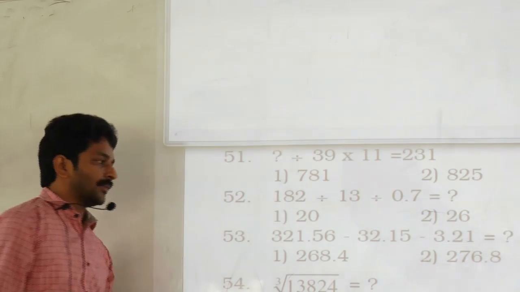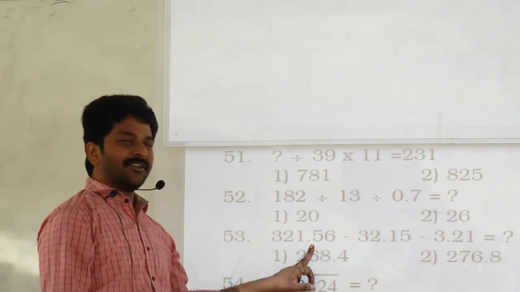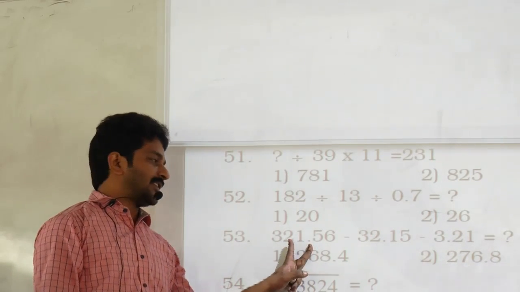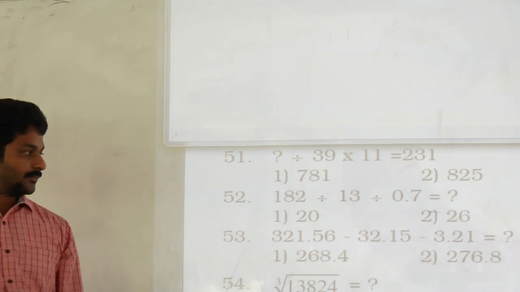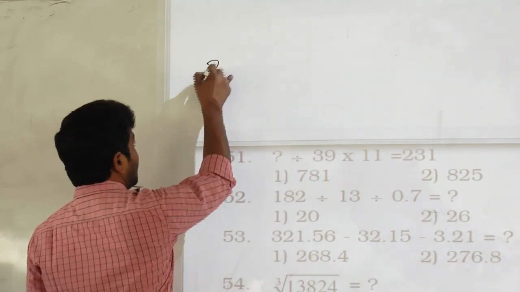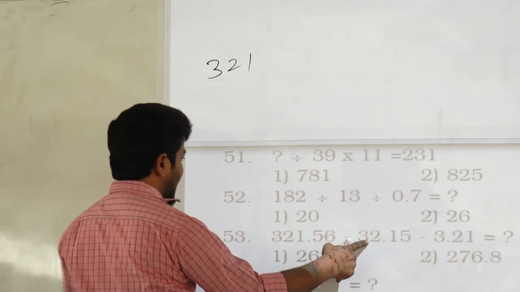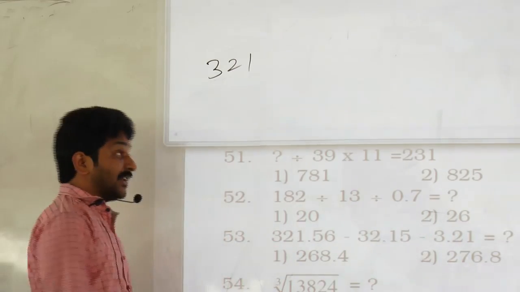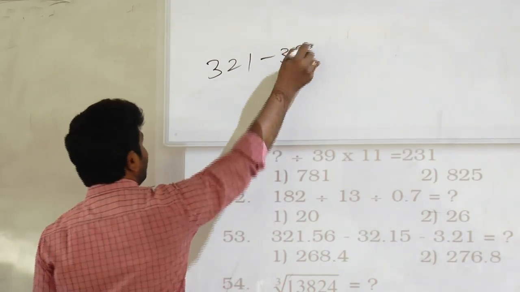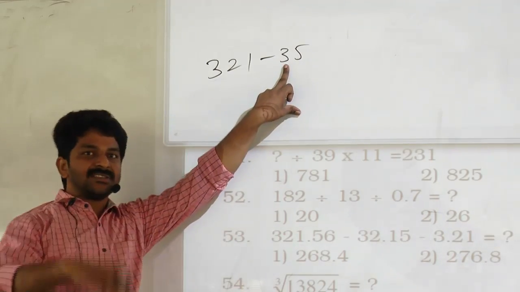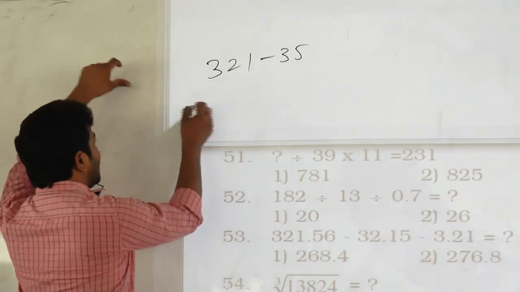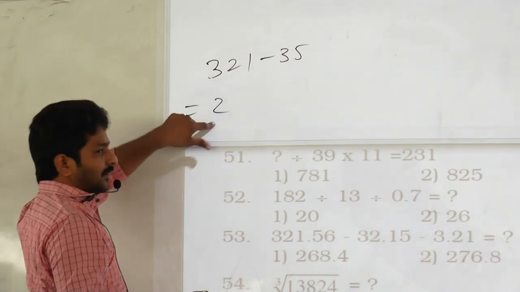Next, instead of the number after the decimal, let's concentrate on the number before. 321 minus 32 minus 3 minus 35. Let's subtract 35. Subtract 100, add 65. Subtract 100, 300 minus 100, 200.